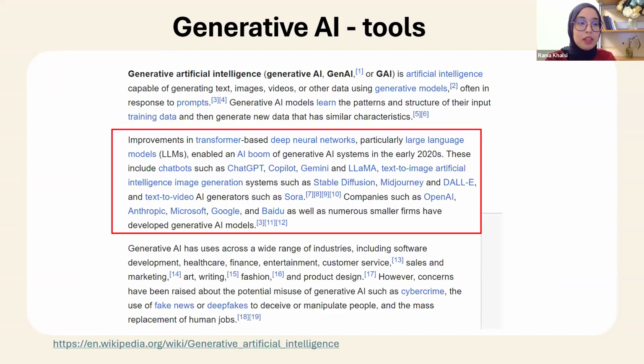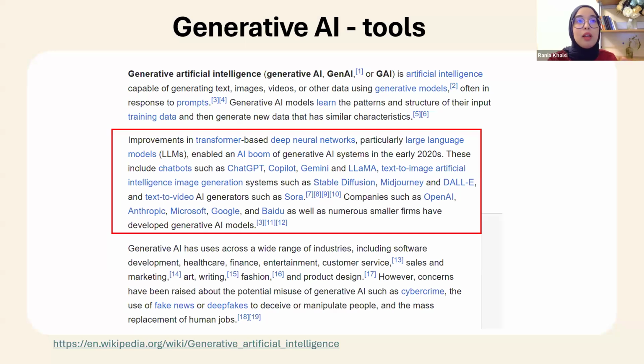And as I just mentioned, there are many generative AI tools, and it's kind of a boom that we witnessed in 2020. Okay, and this boom mainly gave birth to transformer-based neural networks. We start talking about, in particular, large language models. Okay, so today many of the tools we interact with on a daily basis are based on these language models.